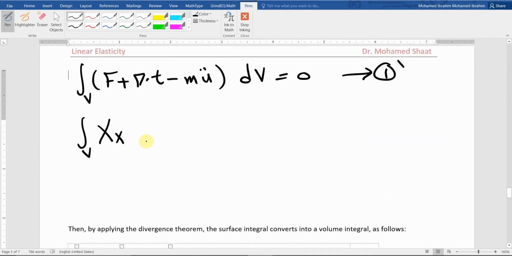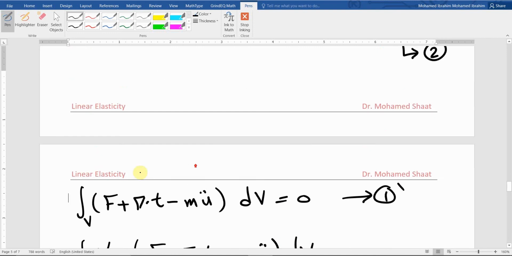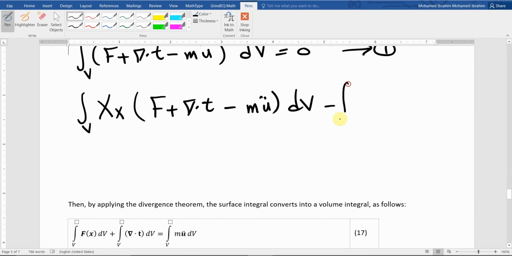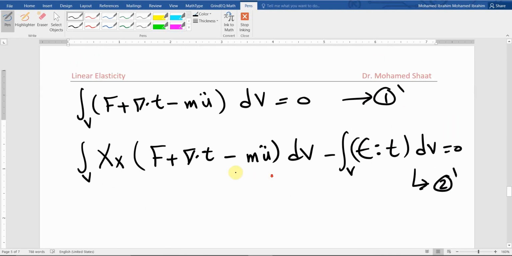So we're going to have the integral of x cross (f plus nabla dot T negative mu double dot) dV. This is the sum of these three terms. Negative this term, which is the negative of the integration over the volume of epsilon double dot T dV, equals 0, and this is going to give us the second equation. Still the same equation, but I just combined some volume integrals, right?